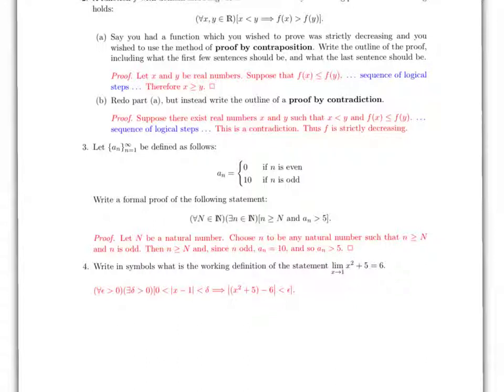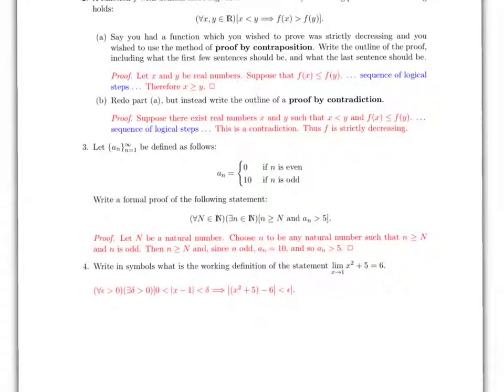The fact that it's odd will force this to be true, but it won't force this to be true. So the way around that is to say, choose little n to be any natural number that's bigger than the given capital N and is also odd. If you do that, then this will be true automatically, and this will be true as well. There you see how I've written out the proof.